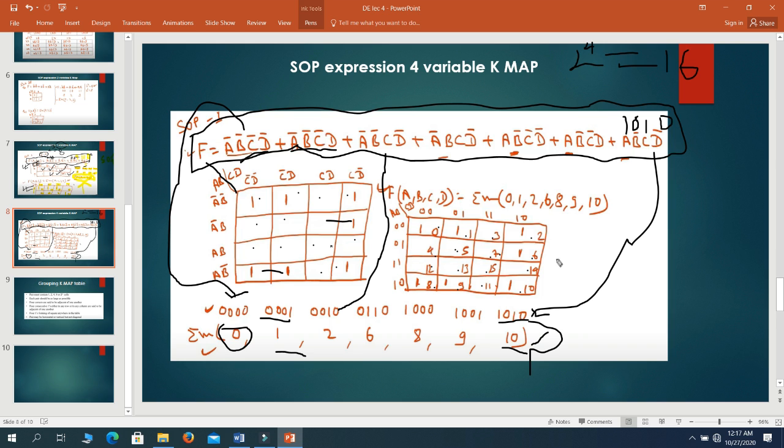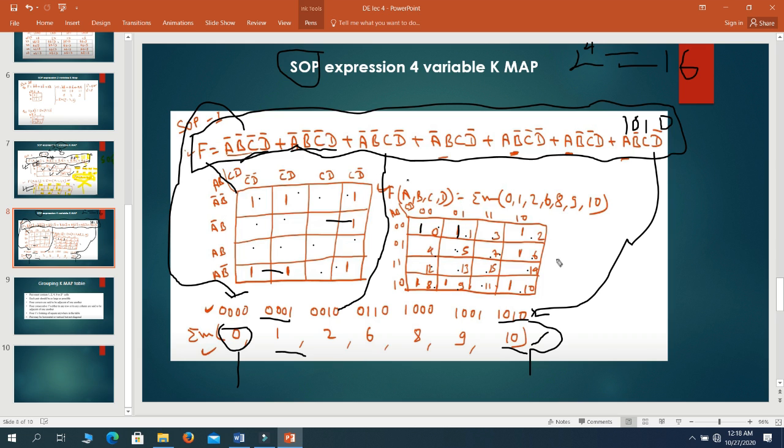So once we have found out the different cells, it's time for us to fill up these cells with different values. Cell number 0 should be replaced with a 1, because we are dealing with SOP expressions. So here we have the 0th cell, it is filled with 1. First cell is filled with 1.